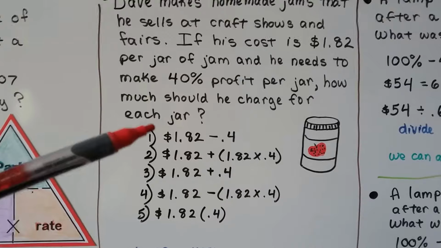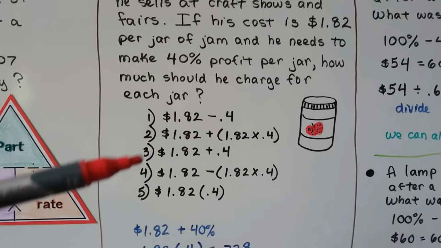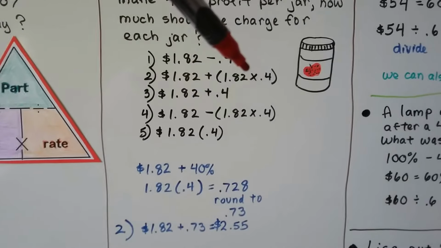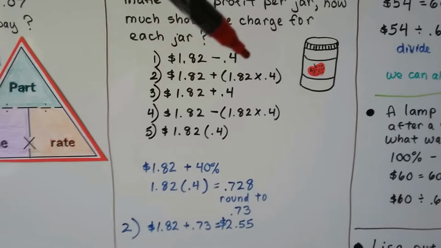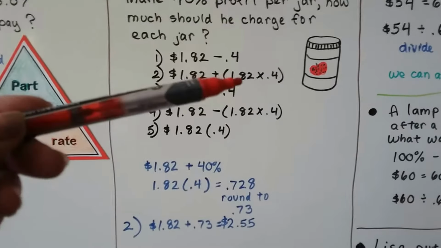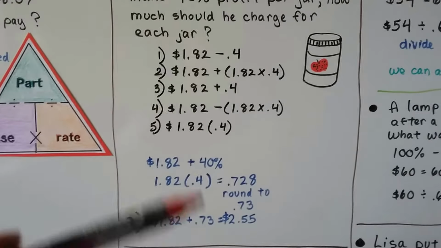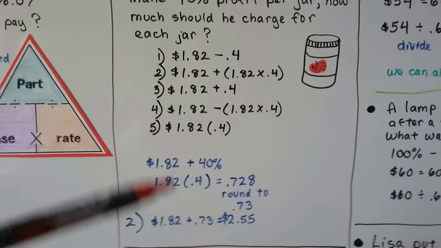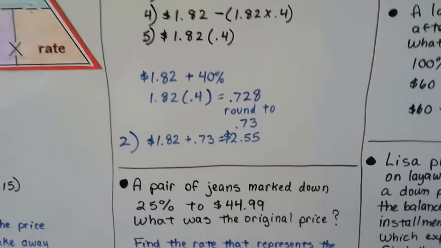So we're not going to subtract. So we know number 1 and number 4 aren't right. What we would do is number 2. We would find what 40% is by turning the 40% into 0.40 as a decimal, and whatever that comes out to, we would add it to the $1.82. And again, if it helps to actually solve it to see what you did, then do that.